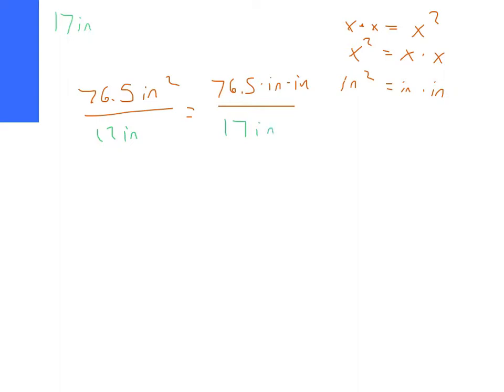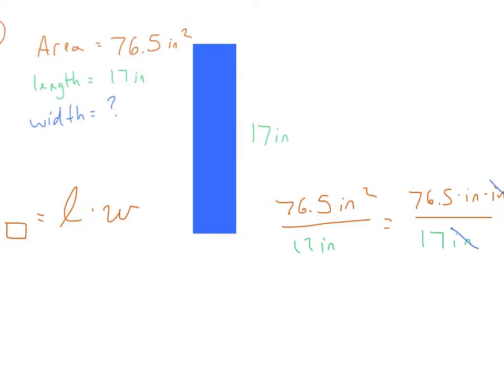Why did I do that? Because I'm going to cancel one of the inches on top and the inches on bottom. So my answer is going to be just plain inches, which makes sense, right? Because I'm looking for a width. A width is not measured in inches squared or centimeters squared or feet squared. It's just plain inches, plain centimeters, plain feet.